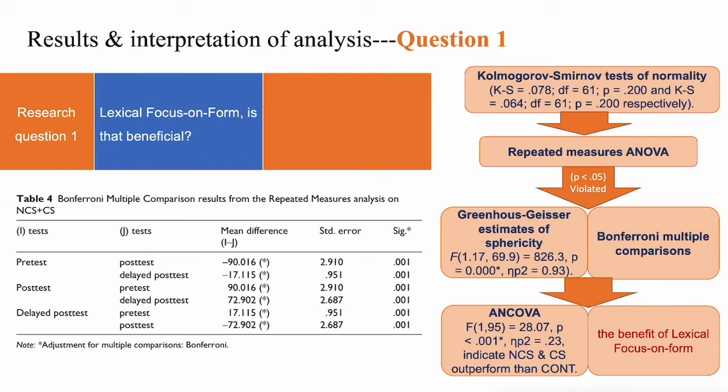They found that time has a significant effect on results. Also, the Bonferroni multiple comparison showed different performance in pre-test, post-test, and delayed test. Finally, after performing ANCOVA, the first question got the result: Lexical Focus-on-Form is beneficial in meaning-focused activity.